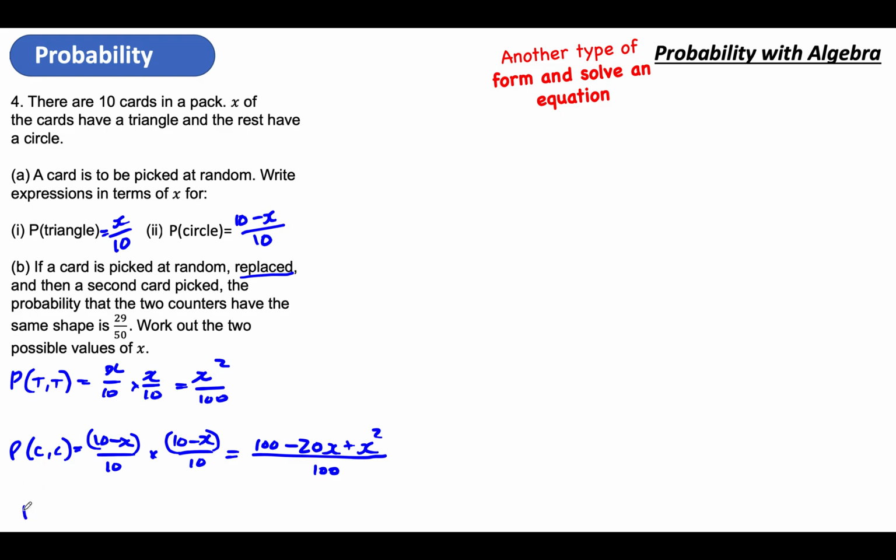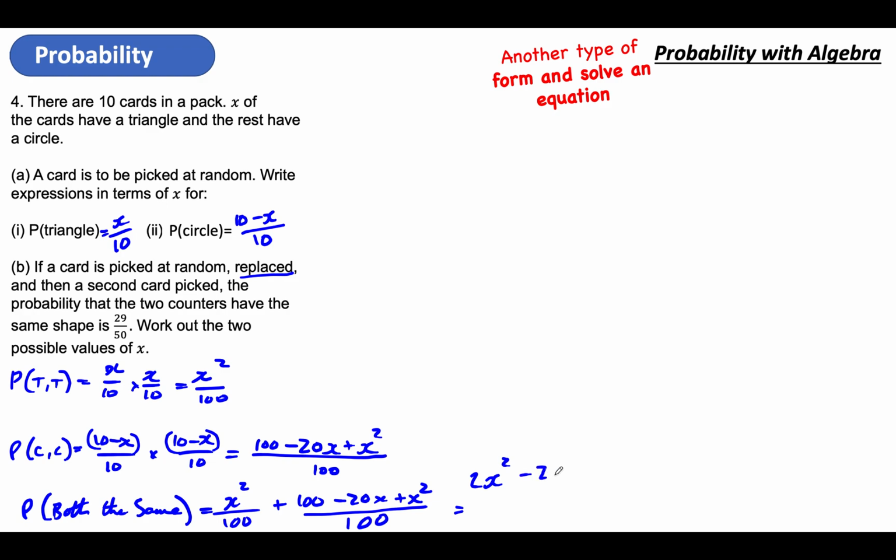Now the probability then of both the same is the combination of those two outcomes. So it's x squared over 100 plus 100 take away 20x plus another x squared also out of 100, which is 2x squared take away 20x plus 100 all over 100.